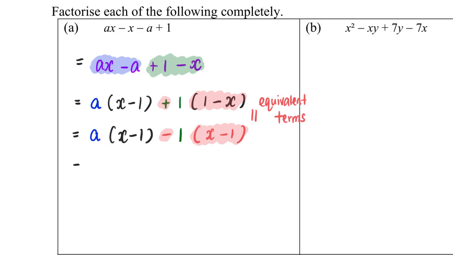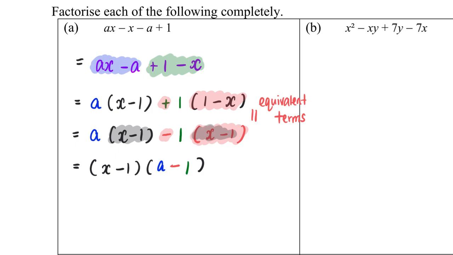And from here, x minus 1 will then be the common factor, and I'm left with a minus 1, which is the same answer as previously.